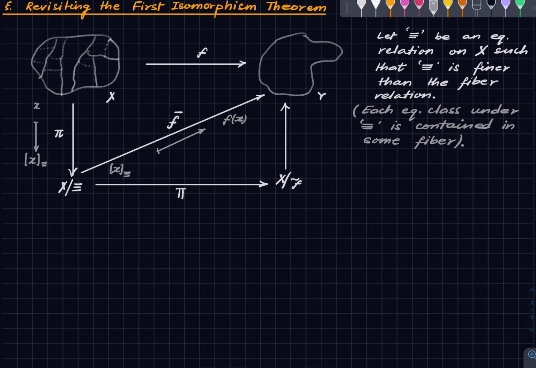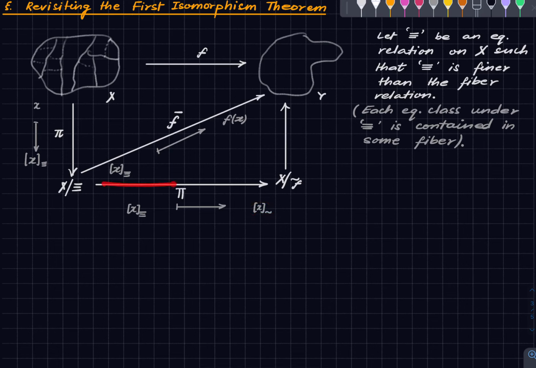And the horizontal map capital pi takes the equivalence class of an element X to the equivalence class of X under the fiber relation. So this is the fiber relation, and I have decorated with tilde to denote that we are talking about the equivalence class under the fiber relation. In other words, this is the fiber which contains X.